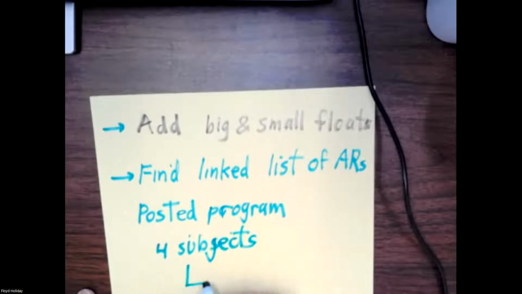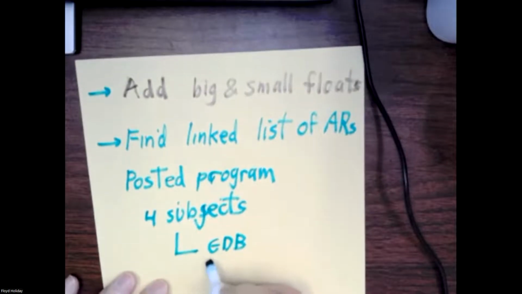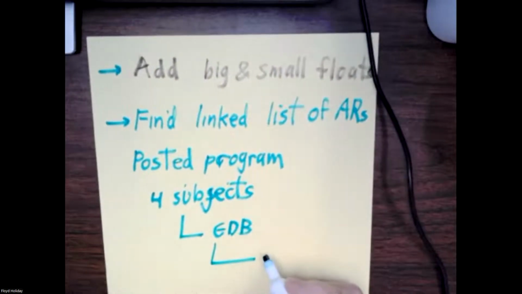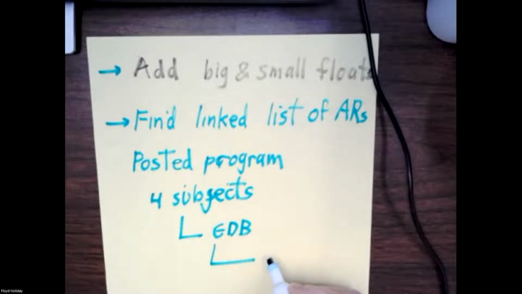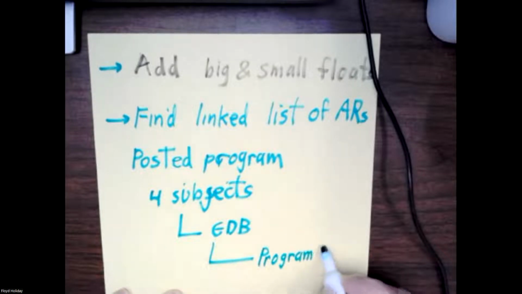And under that, there's a page GDB, which I just started working on. It's kind of new. And under that, there's a page that's called Practice Program with 3 levels. Just program plus 3 levels.